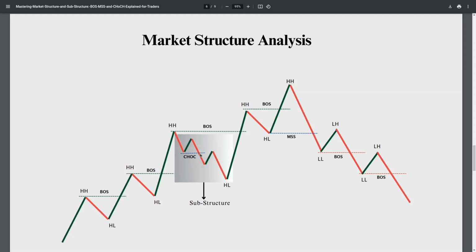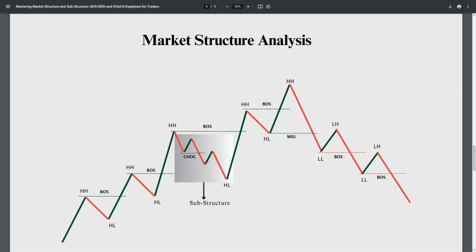A change of character can signal a potential change in the direction of the trend. So when price pulls and breaks this point, it gets to form another low, and it still moves up from here.